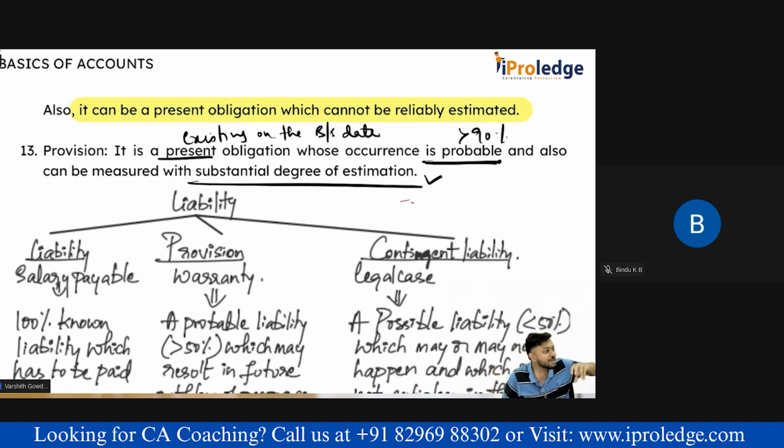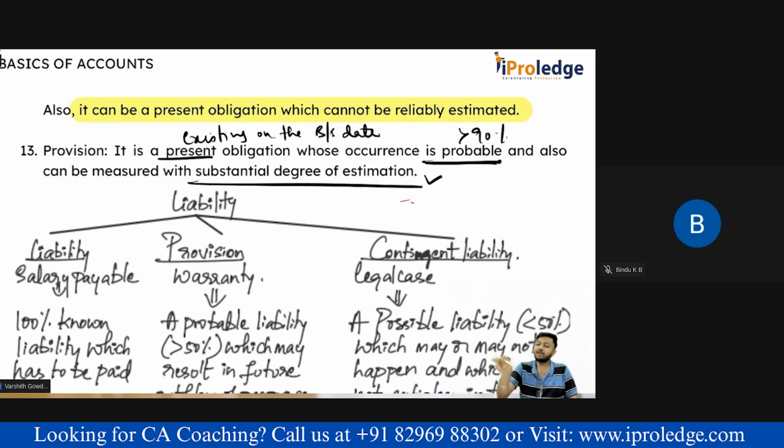But whenever you are creating a provision, should the debtors go down? No, because actually bad debt has not happened. So we put it to provision for doubtful debts, an adjustment to the actual asset. It is not a provision as per this. That is the biggest lie people have taught us, because for something to be a provision, it should be a liability.